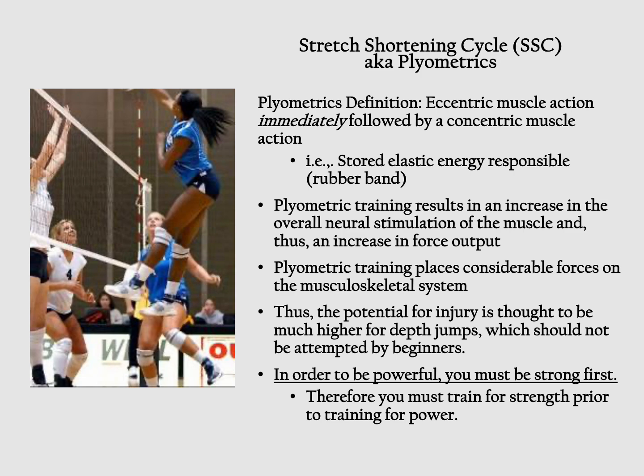Stretch shortening cycle, abbreviated SSC. This is also known simply as plyometrics. The plyometric definition, or the stretch shortening cycle definition, is an eccentric muscle action immediately followed by a concentric muscle action. Think of a rubber band. If you grab a rubber band, pull it and immediately let go, it will go really far.